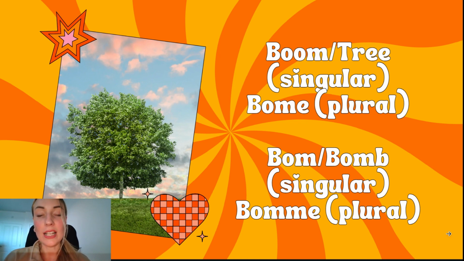And that's why it's a long sound, boe. Whereas bome, the bottom word, the plural form of bom, you would break that up into syllables, bom, me. Because the first syllable ends on an M, which is a consonant, the O is a short O instead of a long one. Does that make a little bit more sense?